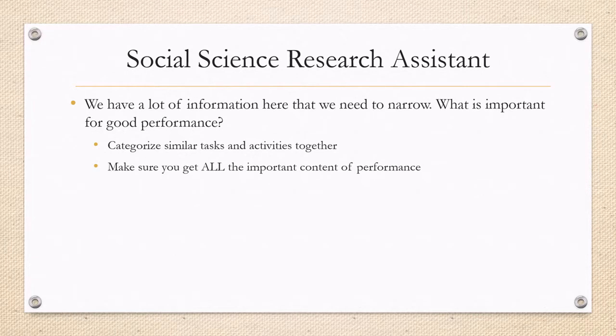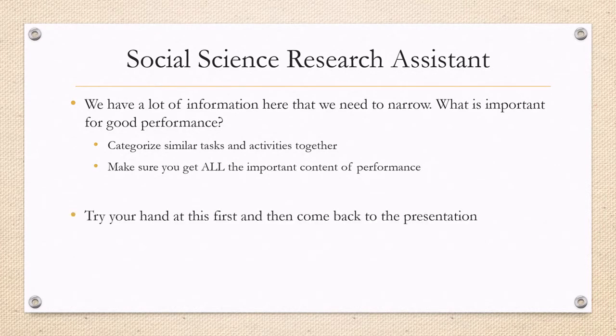So this is that validity in terms of representing everything in the construct. So I want you to try your hand at summarizing this information before you come back to the presentation. So take some time and look at the lists and try to summarize them.